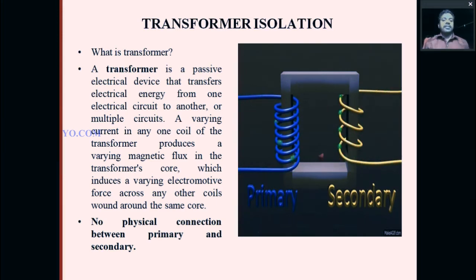A transformer is a passive electrical device that transfers electrical energy from one electrical circuit to another or to multiple circuits. A varying current in one coil of the transformer produces a varying magnetic flux in the transformer core, which induces a varying electromotive force across the other coil wound around the same core.